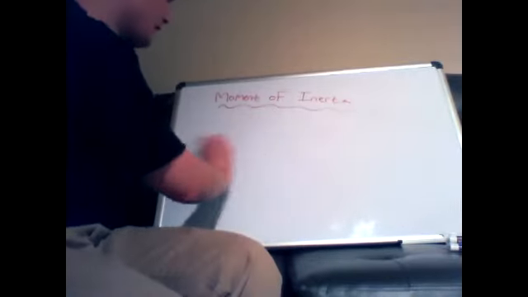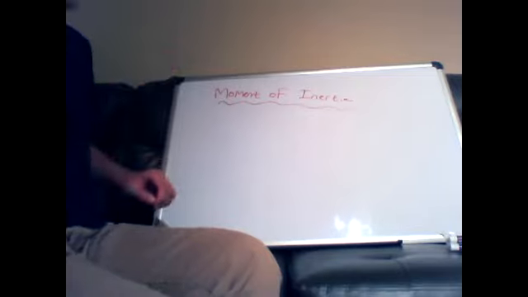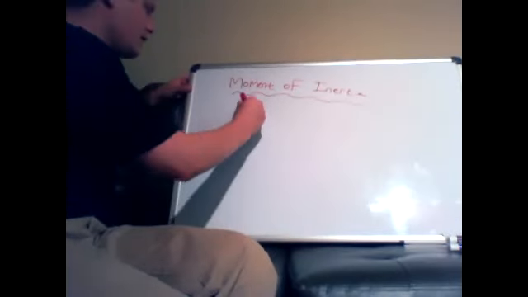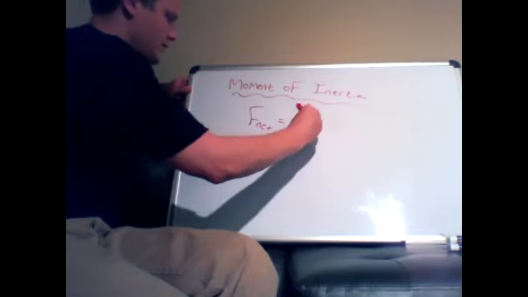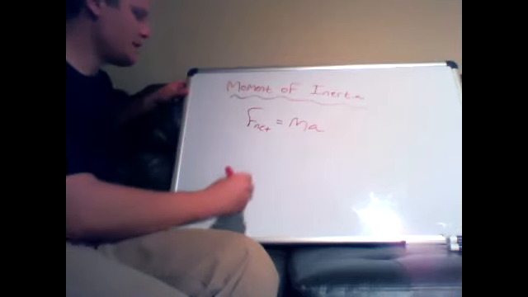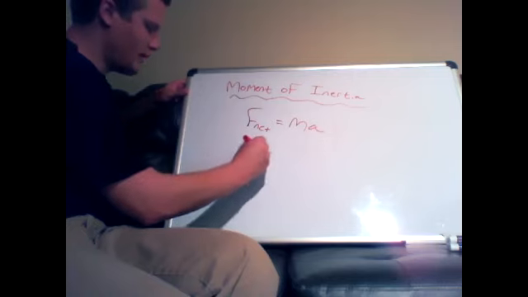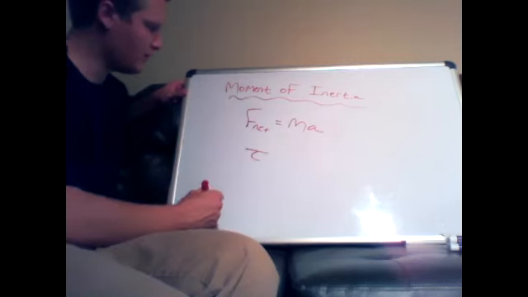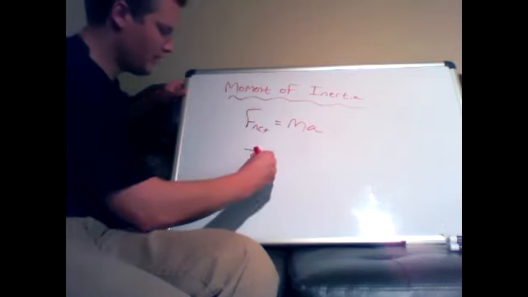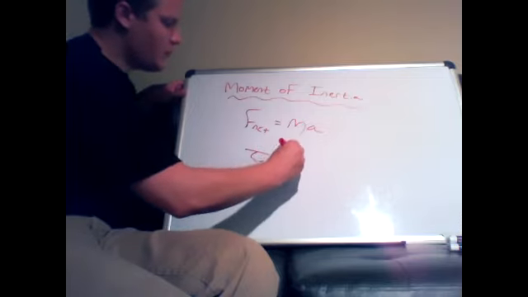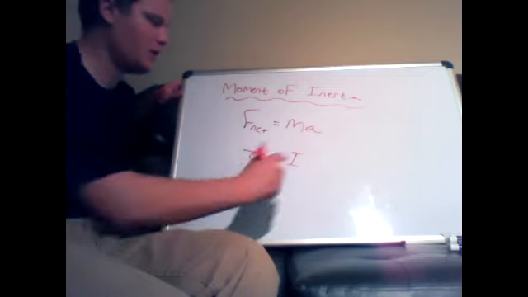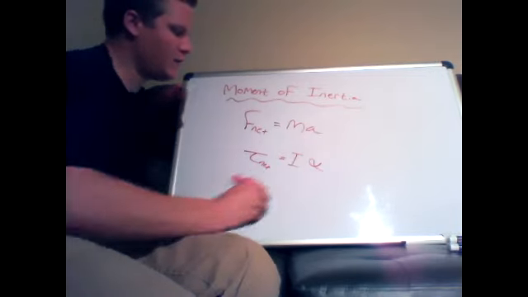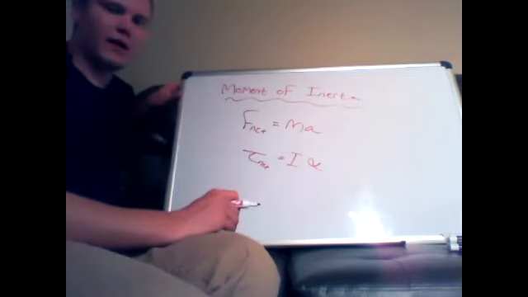And so how do we relate moment of inertia to Newton's second law like we did? So if Newton's second law is F net is equal to mass times acceleration, we could say that the equivalent for that is torque, so that's tau net, is equal to the moment of inertia, because that's what takes the place of our mass now, times that angular variable for acceleration, alpha.